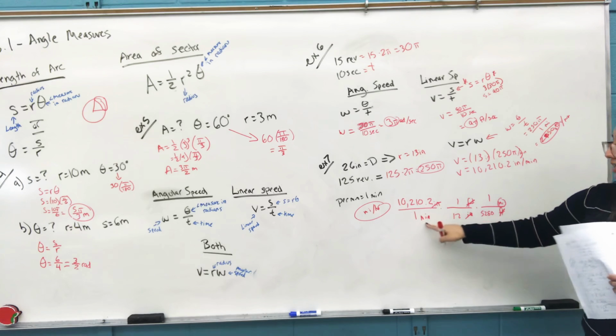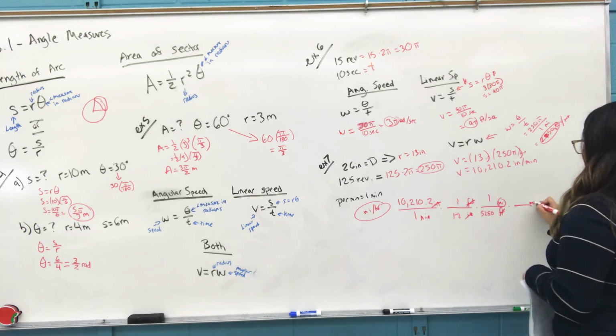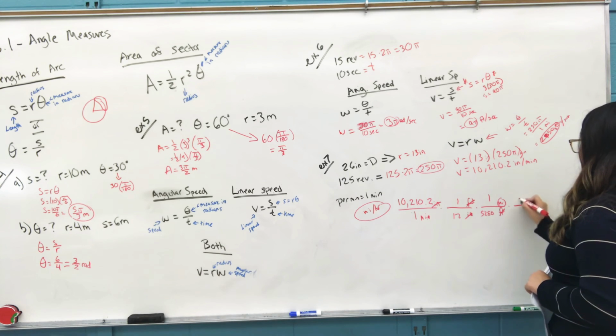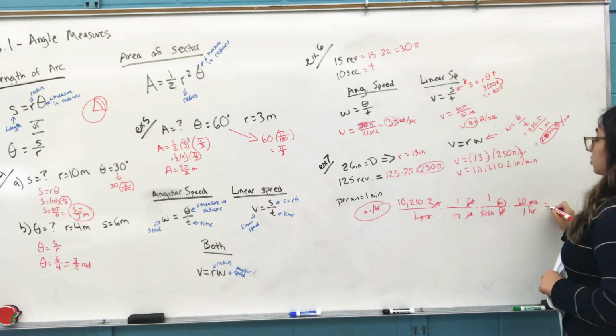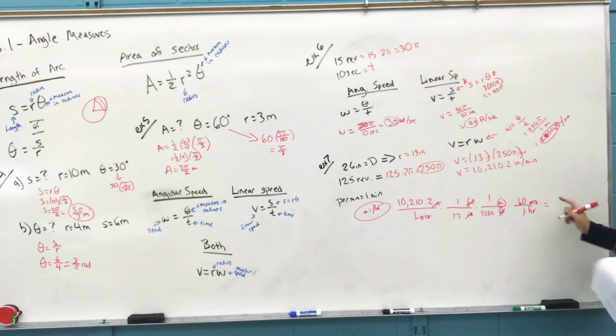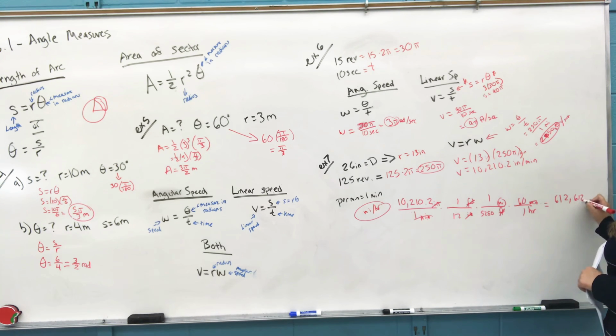Now we have to convert minute to hour, so that means minute, make sure you're doing it across, minute on top, hour on the bottom, 60 minutes equals 1 hour. Now this cancels out with this. And you multiply everything on the top. When you multiply everything on the top, you get 612,612π miles.